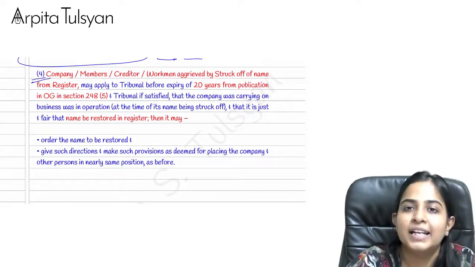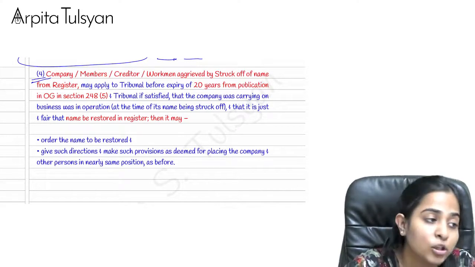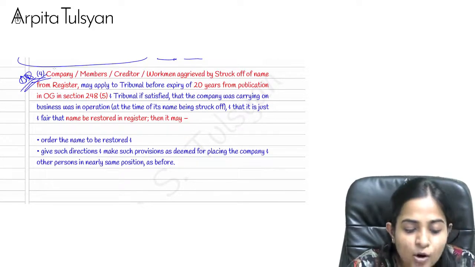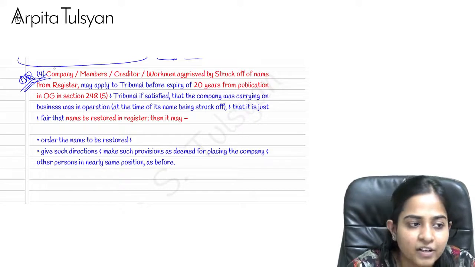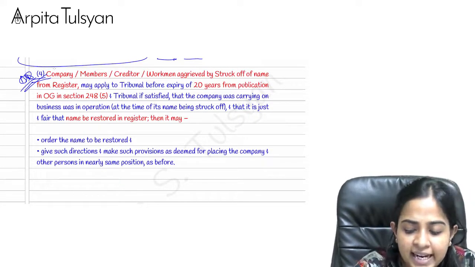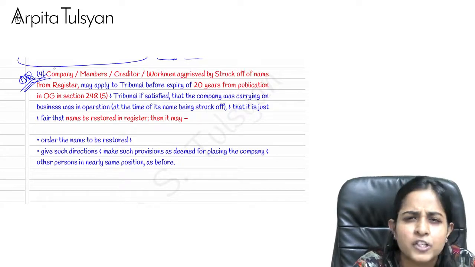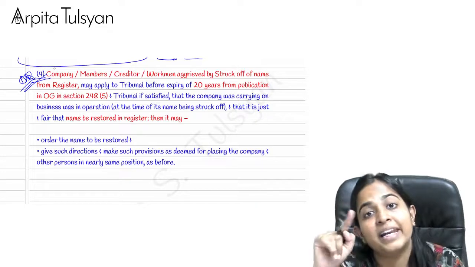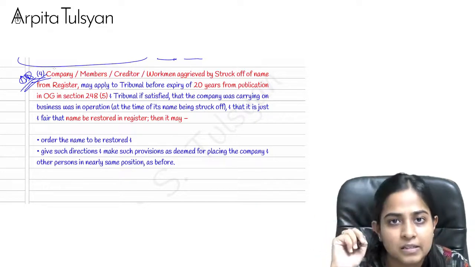Now going on to the last point. This is also very, very important because we need to understand the difference. In the first point, any person who is aggrieved was allowed to file an appeal to the tribunal within 3 years.